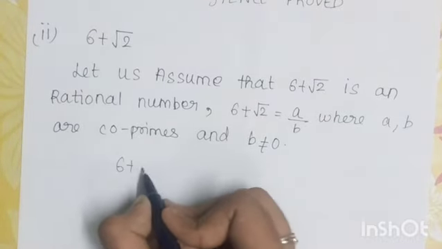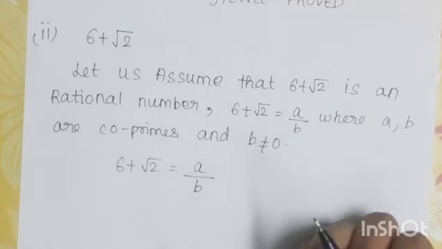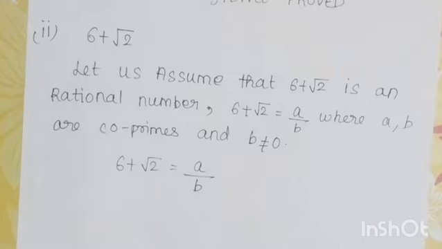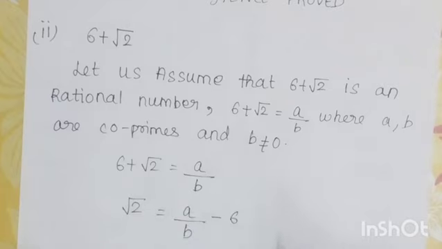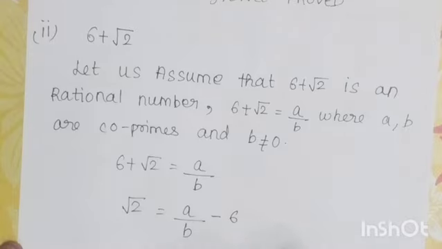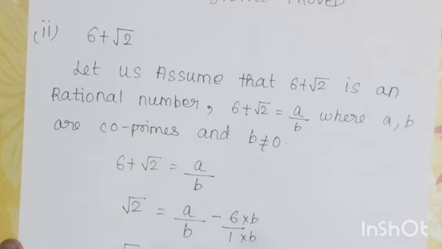So 6 plus root 2 is equal to a by b. Now I'm going to isolate this root 2 alone. So root 2 is equal to a by b minus 6. I can leave it as it is, or else I can also take the LCM, b into b. So root 2 is equal to a minus 6b by b.